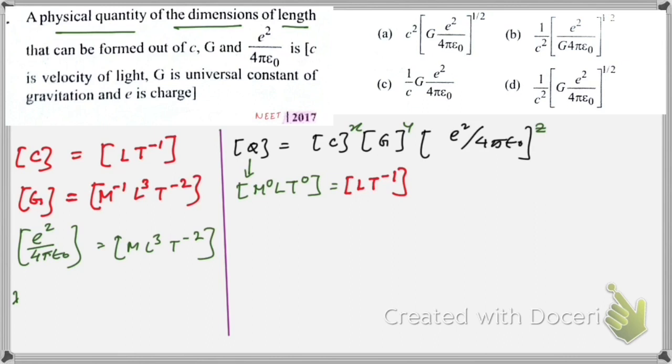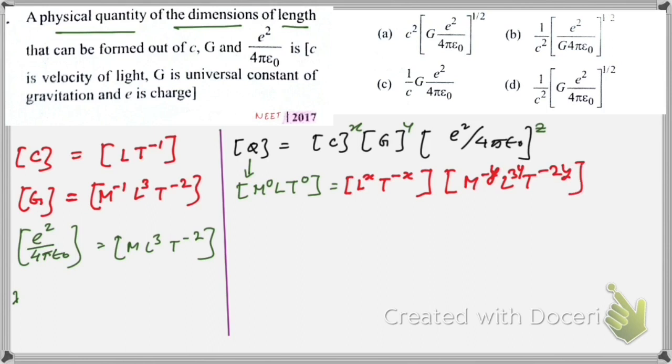The power on it is X, so we can write L to the power X T to the power minus X. Then G is M to the power minus 1 L cube T to the power minus 2, and as we have taken Y, we can write M to the power minus Y L to the power 3Y T to the power minus twice Y, right?